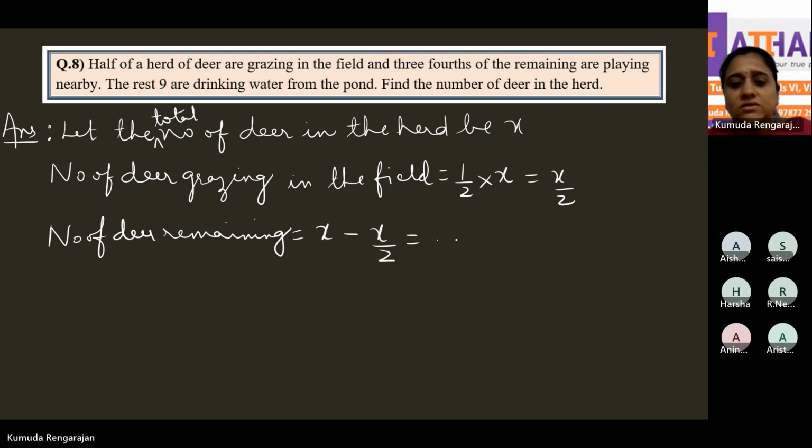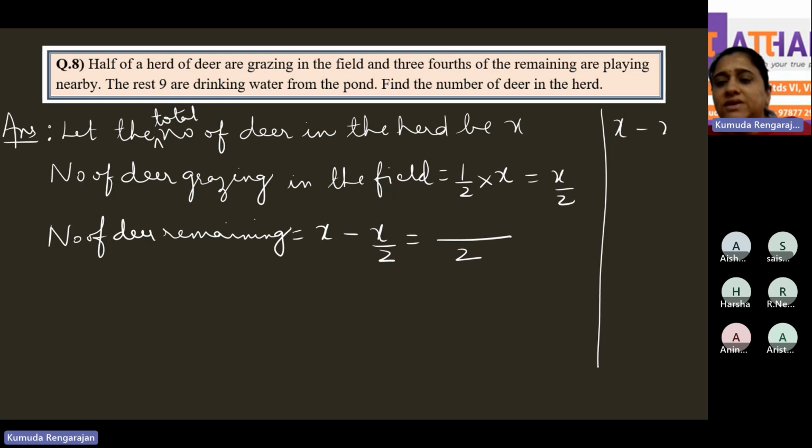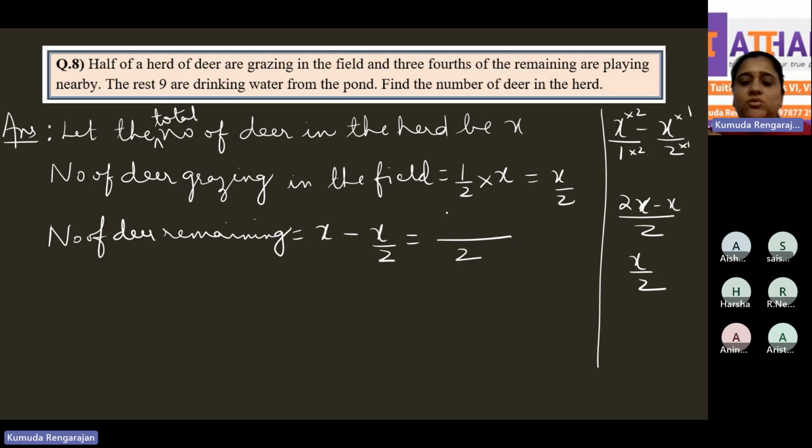How do you find X minus X by 2? 2 is the common denominator. Here it's like 1 here, so 1 into 2, so into 2 here. 2 into 1, so into 1 here. So it'll be 2X minus X. The denominator is 2. So you get 2X minus X, which is X by 2.